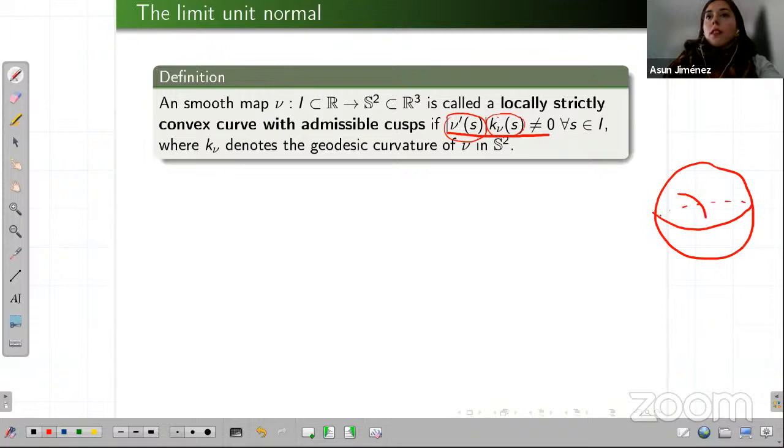This curve will be something like that. You have points where you eventually don't have a well-defined tangent vector and the geodesic curvature explodes.